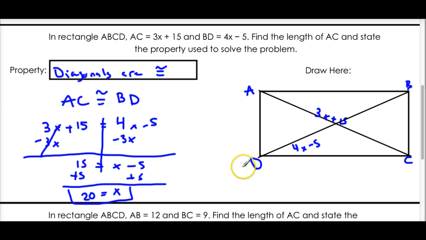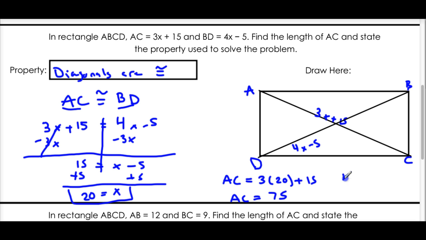Now, I'm not sure I believe that that's the answer, so let's see if when we plug in 20, we get the same length for both AC and BD. To find the length of AC, I'm going to do 3 times 20 plus 15. If you put that in the calculator, that is equal to 75. So the length of AC is 75.